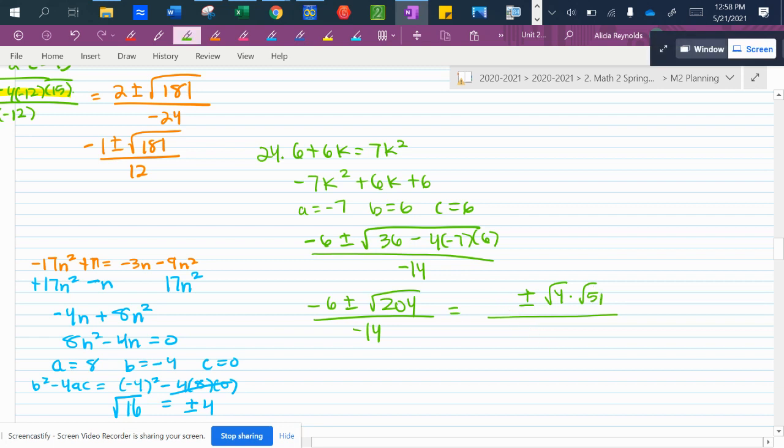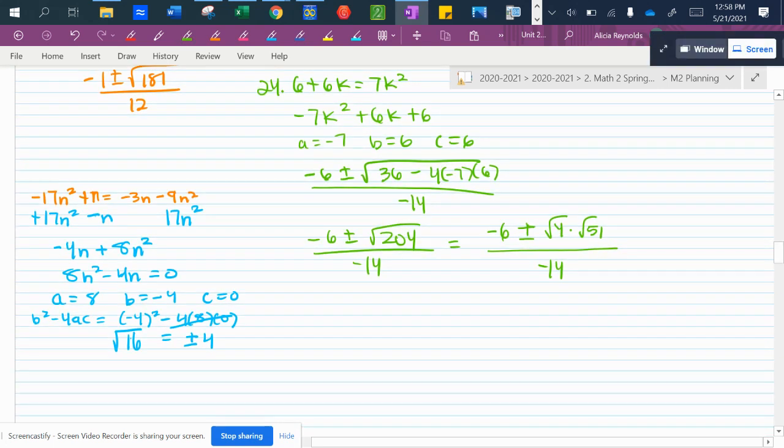And actually, let's not simplify that yet, because I need to simplify this too. So I'm going to have negative 6 plus or minus 2 root 51 divided by negative 14, which is going to simplify to 3 plus or minus the square root of 51 over 7, which is C.